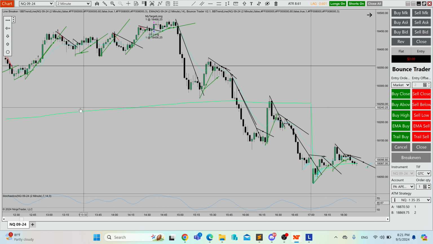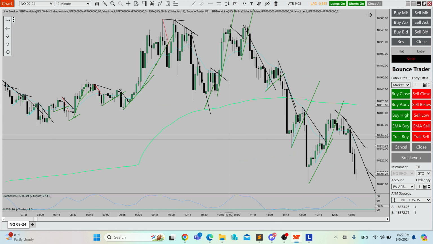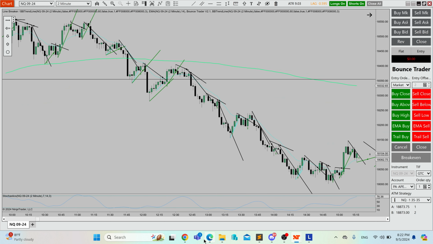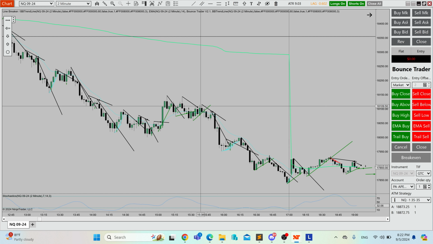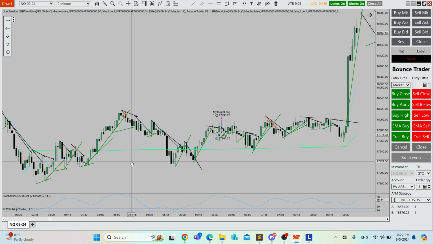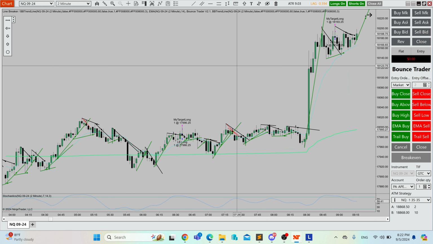It may not take a trade every single day, but I'm just showing you how you could trade this line breaker trading bull and bear flags. We have one here. If you lower 80-20 to maybe 75-25, you would probably get more trades.